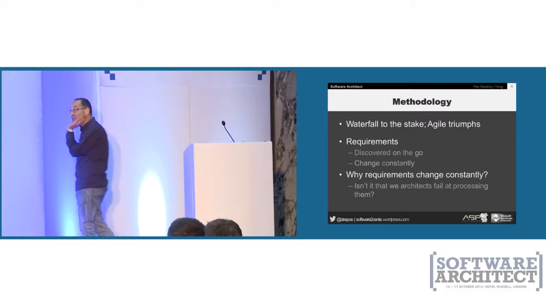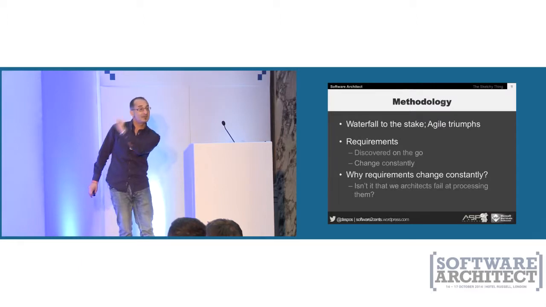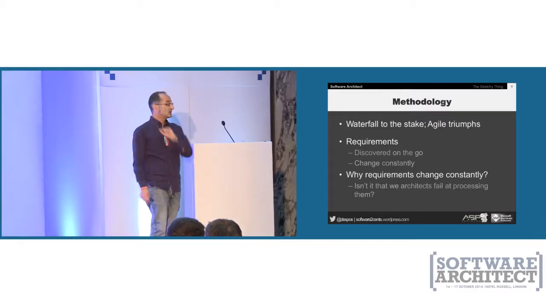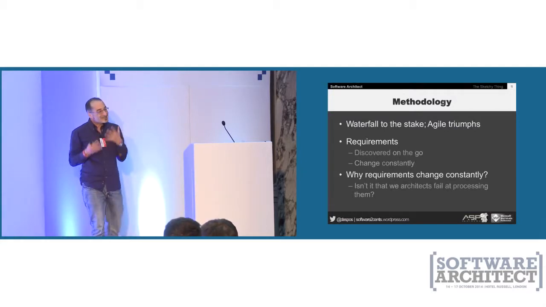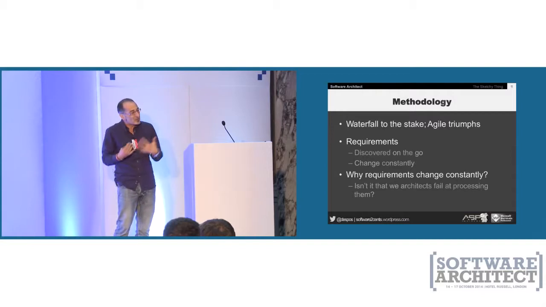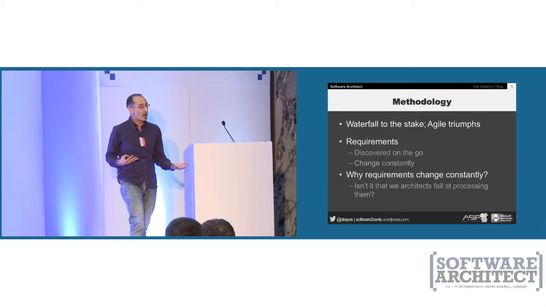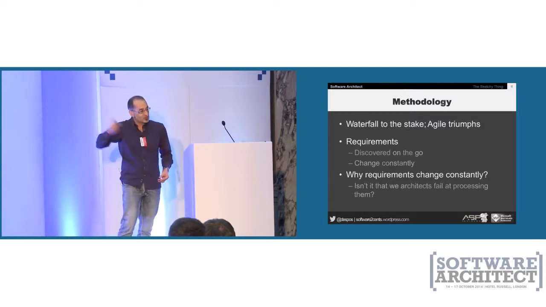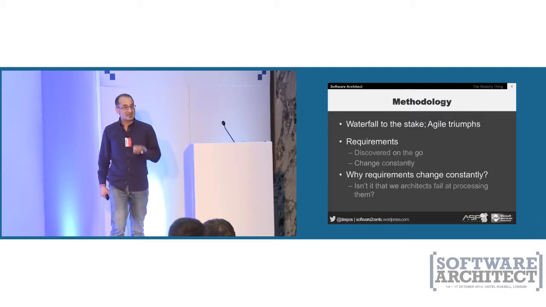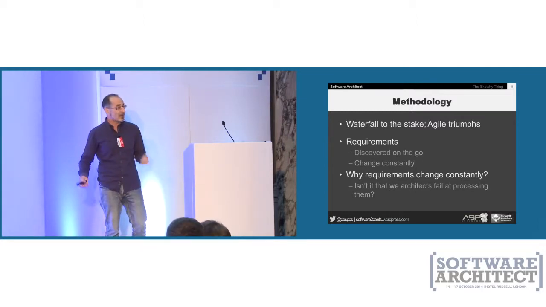One possible reason, and take this as a small doubt I'd like to humbly instill in your minds because it's been in my mind for a long time, is maybe it's also because of the way we architects deal with requirements. The agile iterations probably spin up too often, too quickly, without giving us enough time to learn and figure out what we're doing, why we are running that particular sprint.